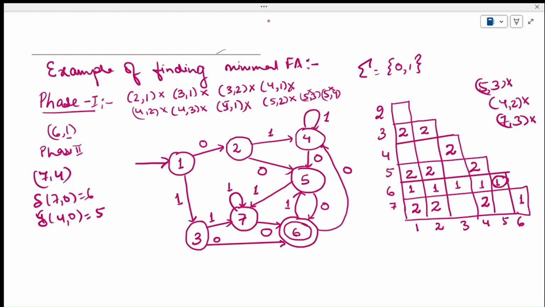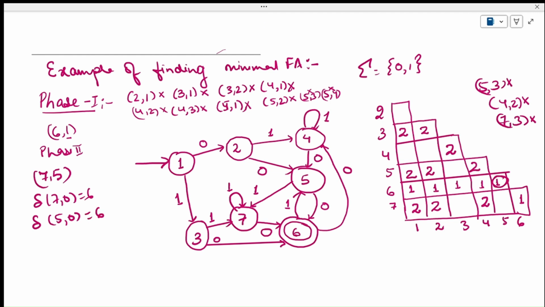Now check for 7 5. Repeat the process for 7 5. 7 on reading 0 is going to state 6. 5 on reading 0, see the diagram, is also going to state 6.